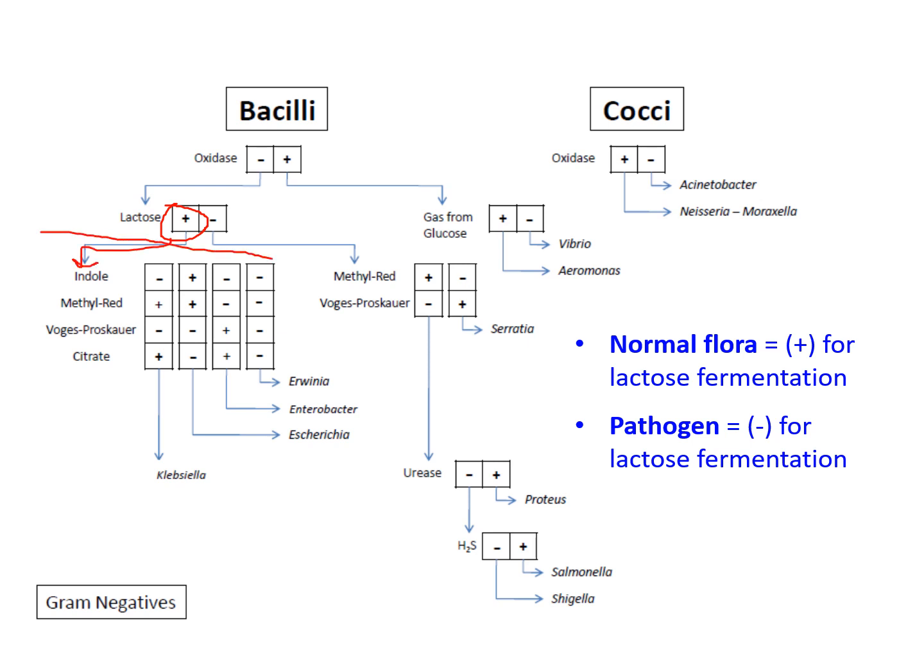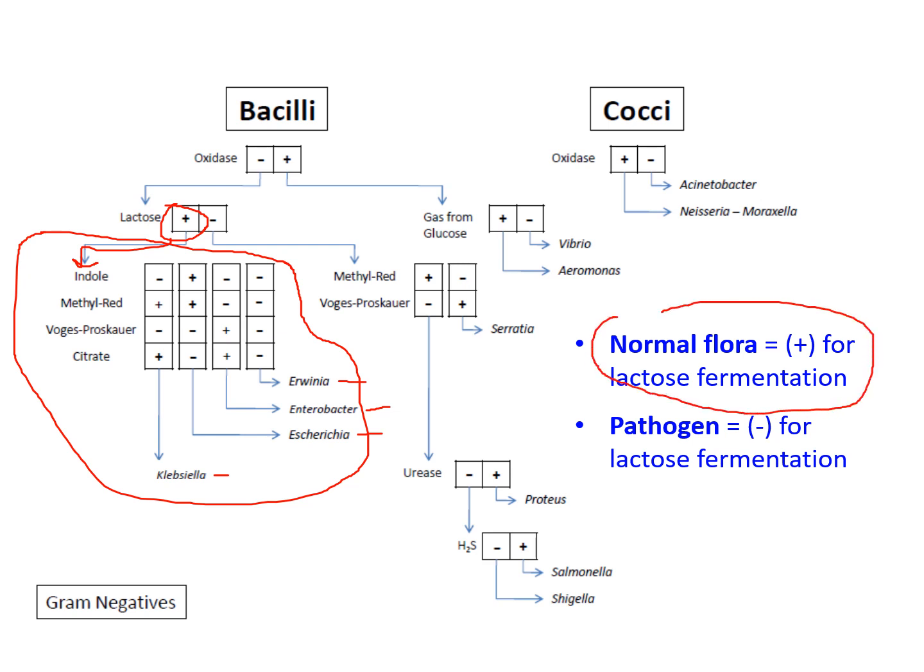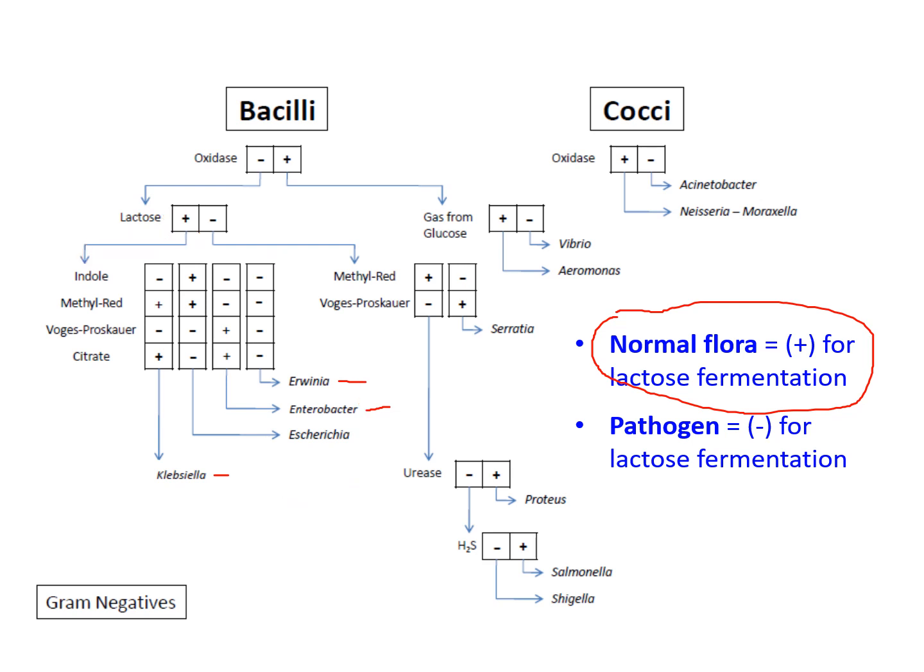That would mean that these bacteria right here, Klebsiella, Escherichia, Enterobacter, and Erwinia, are basically considered normal flora. So these are my normal flora. Why? Because those are positive for lactose fermentation.